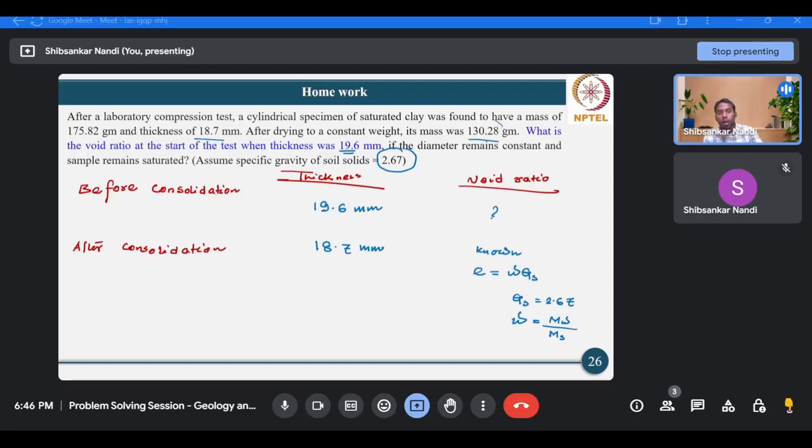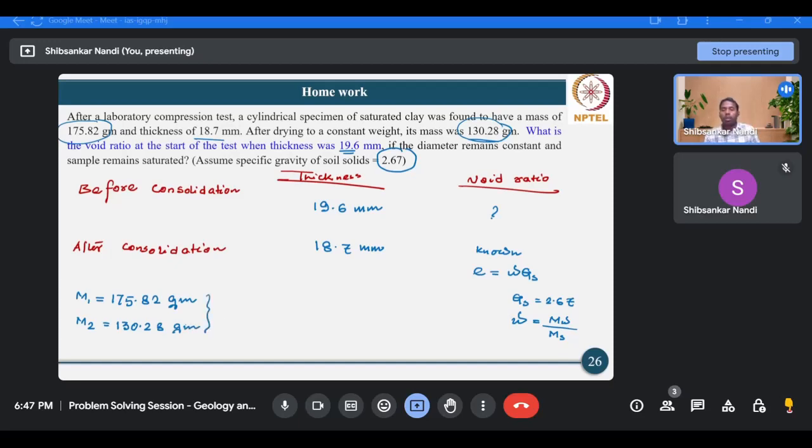That means this is your mass of solids, and the other is your mass of solids plus mass of water. So two masses are mentioned here: M1, 175.82 gram, before oven drying, and M2, 130.28 gram, after oven drying.